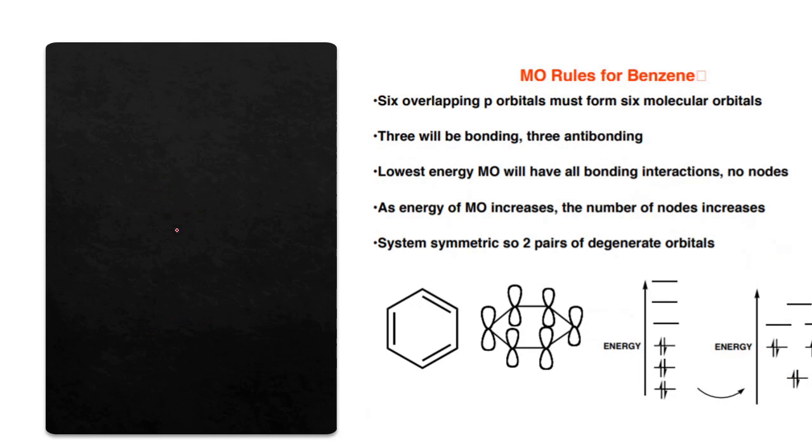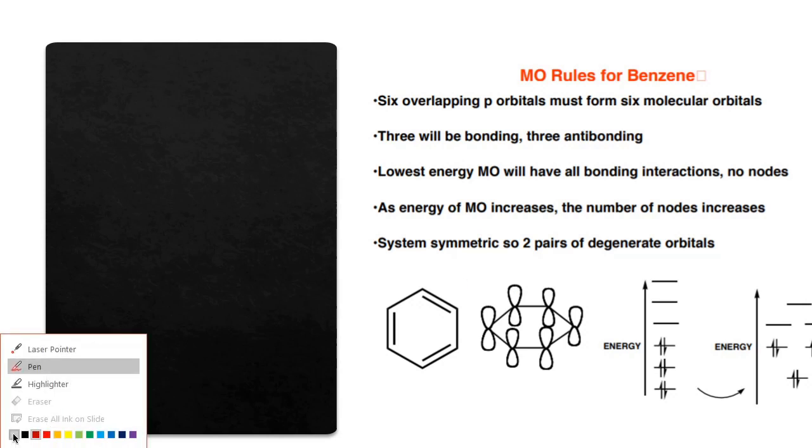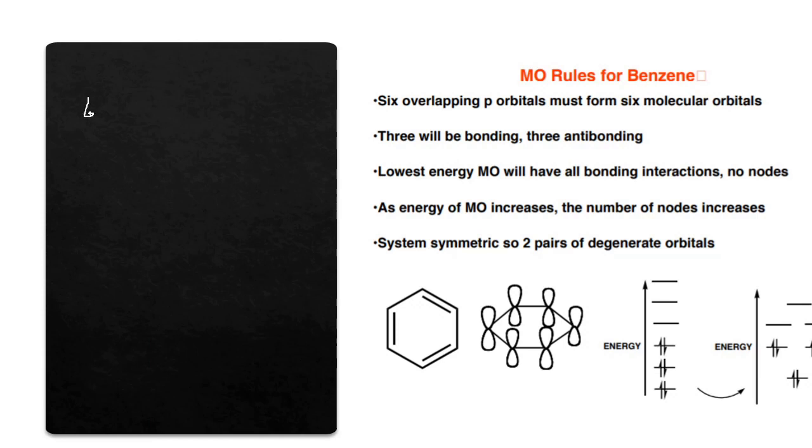Now what are the molecular orbital rules for benzene? As you know, benzene has six p orbitals, so you can see there are six p orbitals, and therefore benzene has six atomic orbitals.